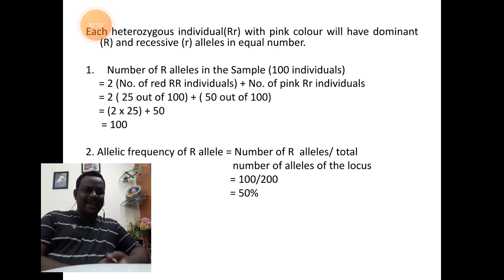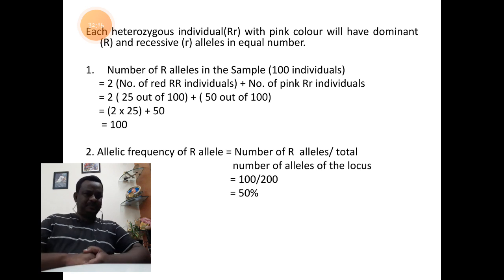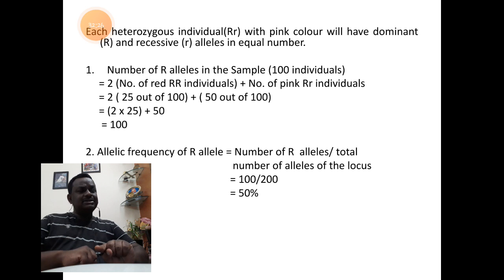So here in the slide, we look at 25 individuals of capital R out of 100. So 25 into 2 is 50. Correct. So we have twice capital R here. What is the number of capital R alleles? Twice 25, so that is 50.